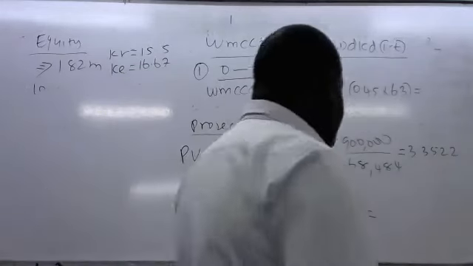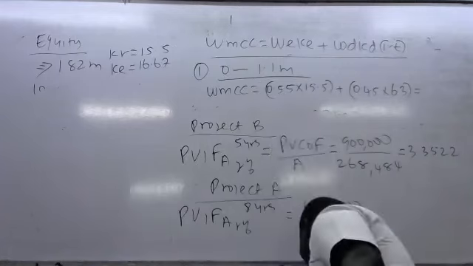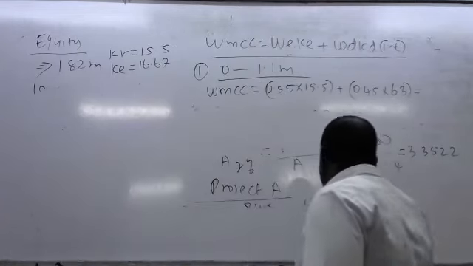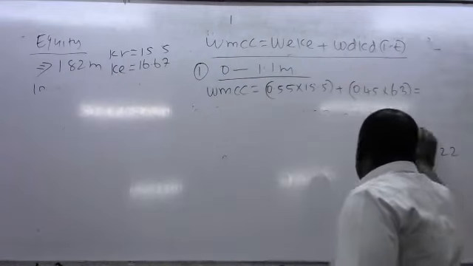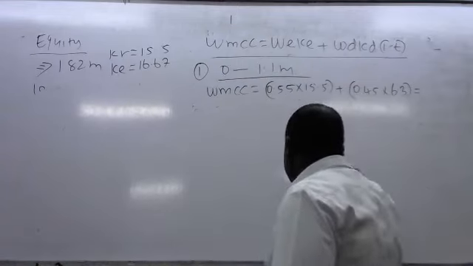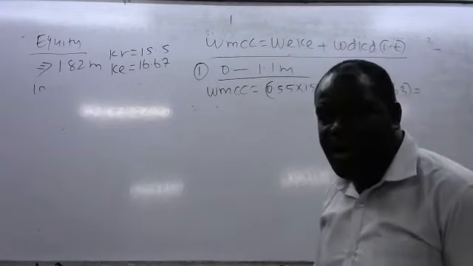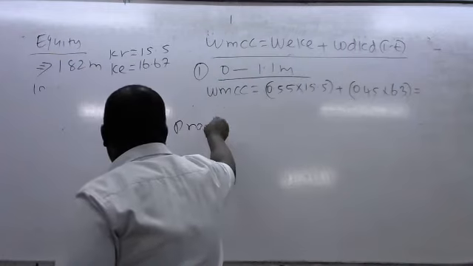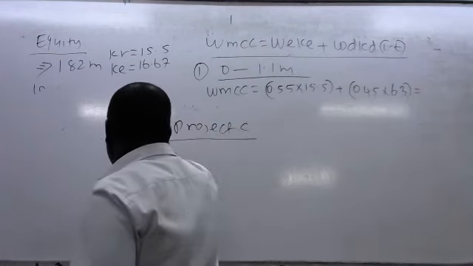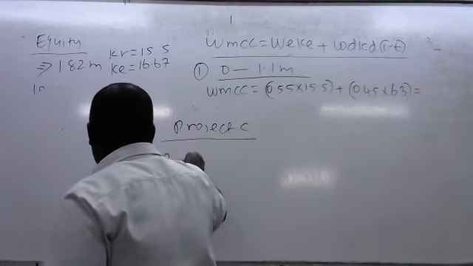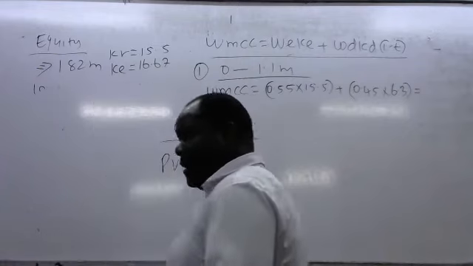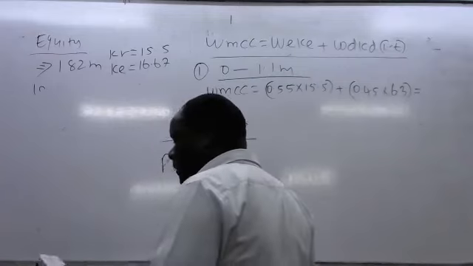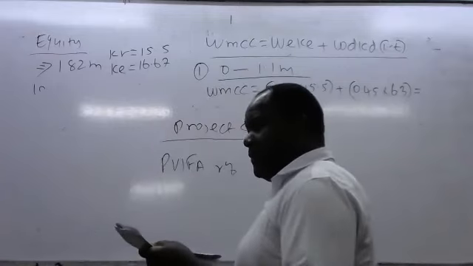We now also check the one for project C. So when it comes to project C, also present value interest factor for the annuity, R%, for how many years? 3 years.